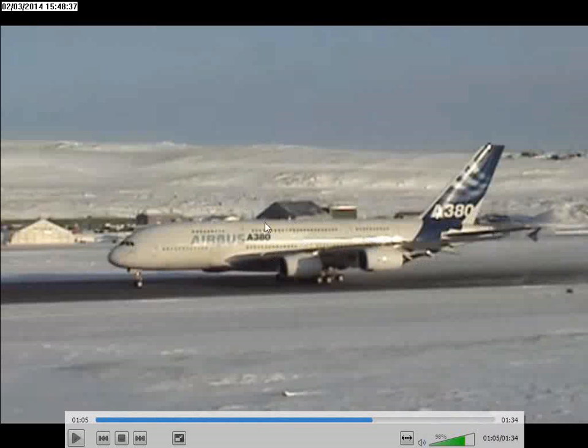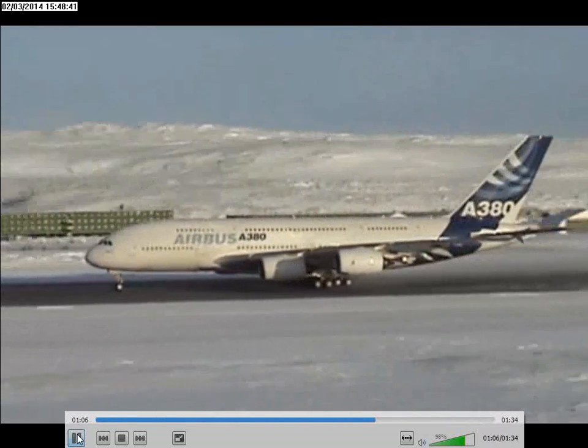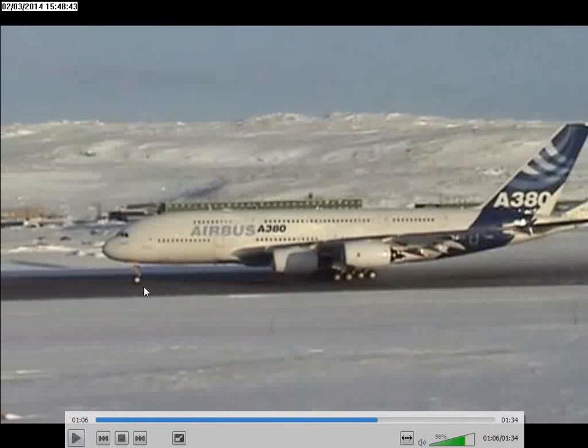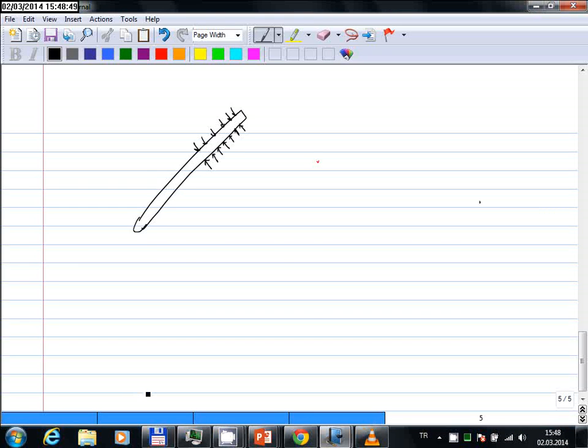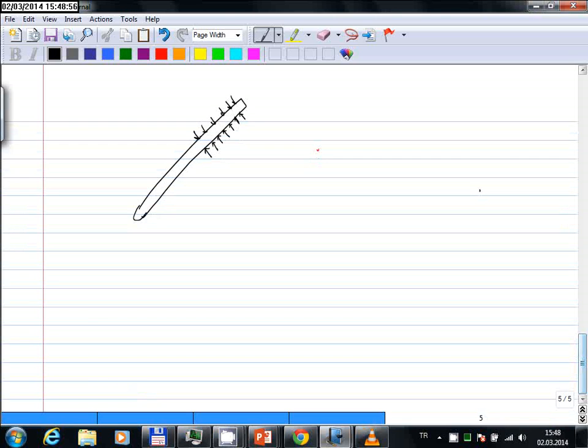When you look at a side view of the aircraft, you see the wing. Let me go back to my drawing here. So this is my aircraft.